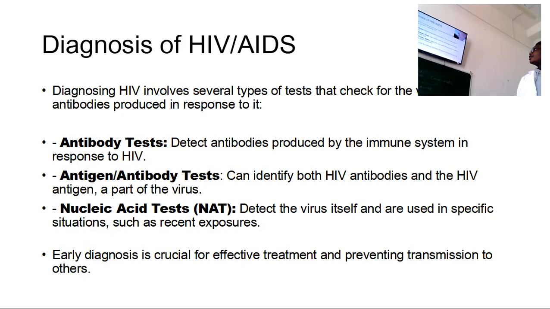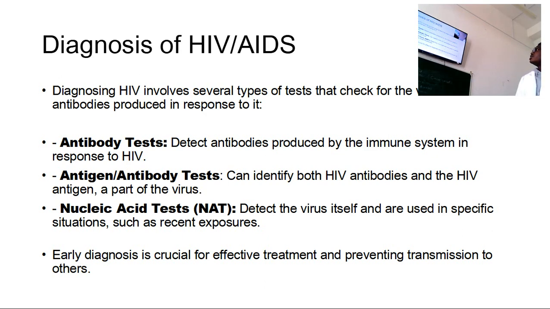The diagnosis of HIV/AIDS. There have been a lot of tests brought up to help in diagnosis of HIV, but the three main tests are the antibody test, when we detect antibodies produced by the immune system in response to the HIV virus. And then we have the antigen/antibody test, which can identify both HIV antibodies and the HIV antigens as a part of the virus.